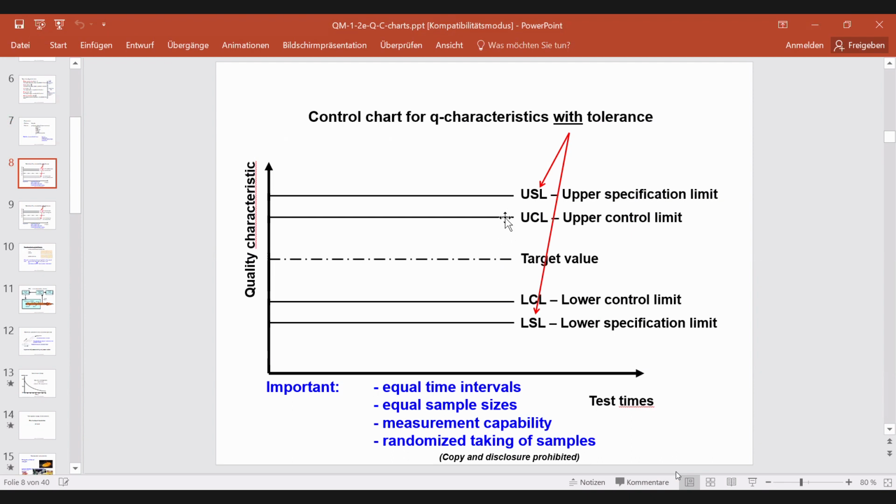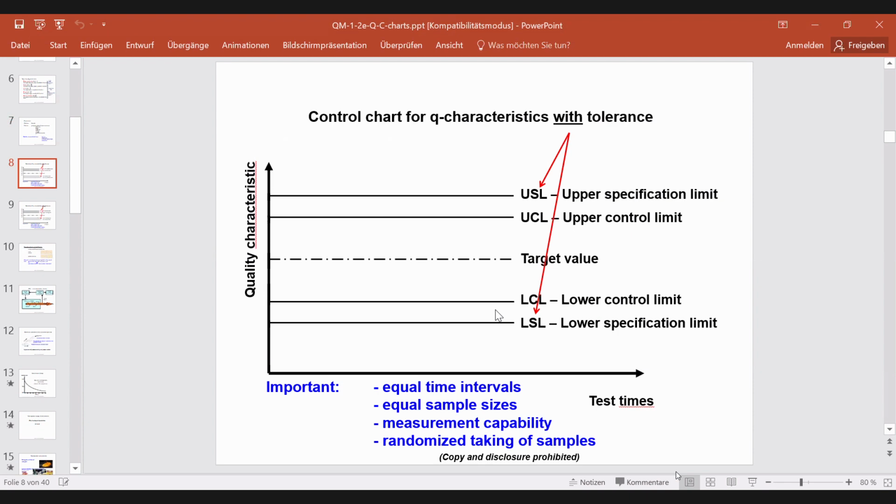This means if they do this, they make sure that no part is going out of the specification limits. So they can sell every part.